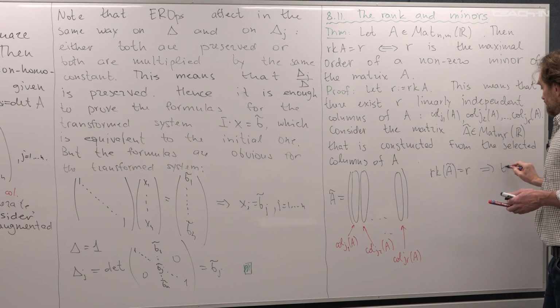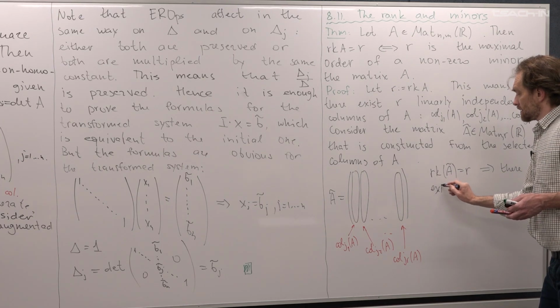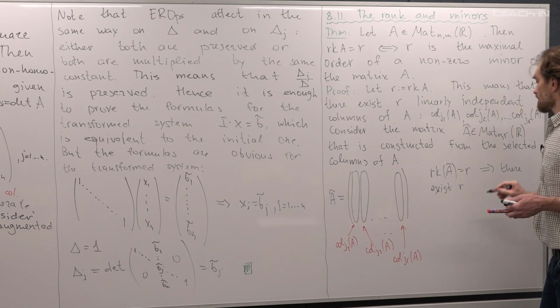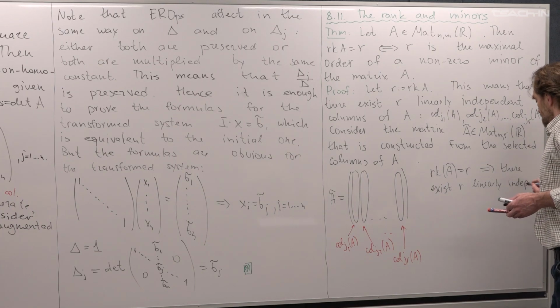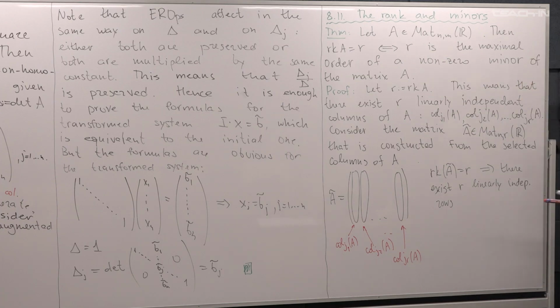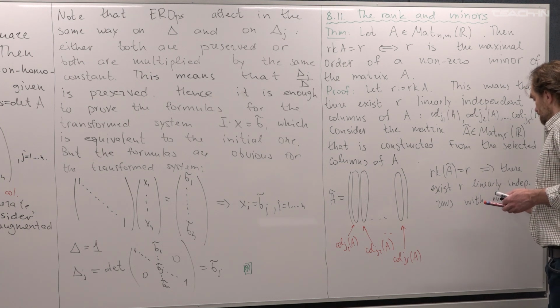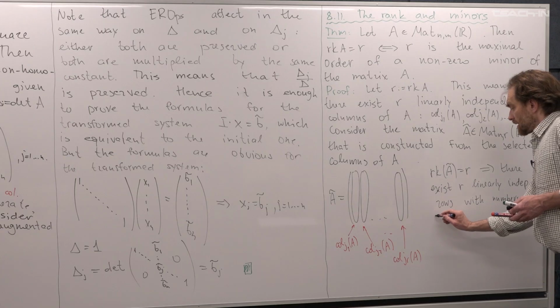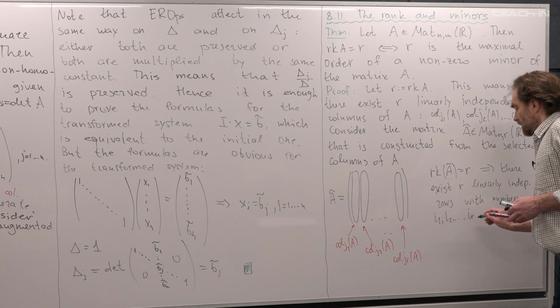That's why there exist R linearly independent rows of this matrix with row numbers I sub 1, I sub 2, etc., I sub R.